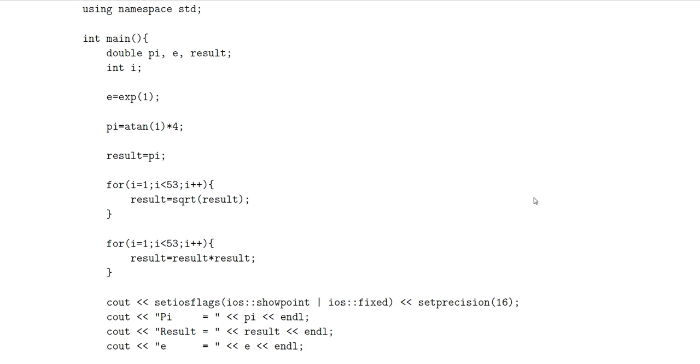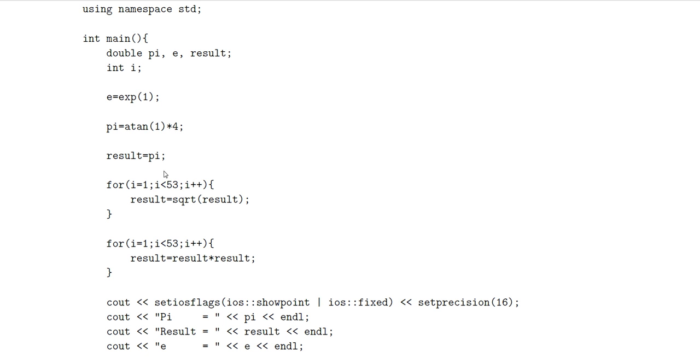So then what we want to do is we'll set our variable result to initially pi. So we're just saying we start with pi, and then we're going to do from 1 till it's less than 53, so 52 iterations. And our result is just the square root of result.